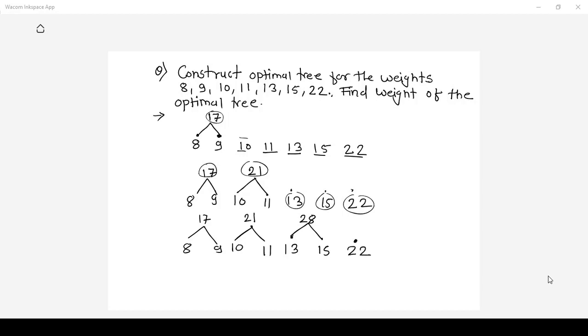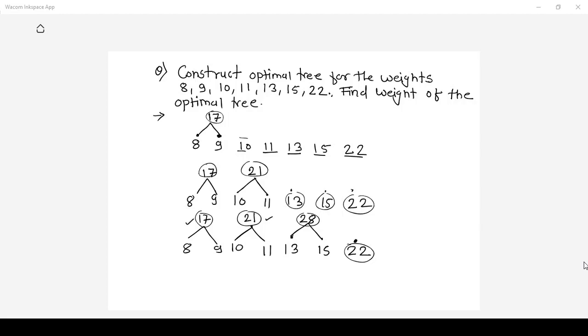So the new weights are 17, 21, 28, and 22. Among these, again we need to select the two minimum weights and add them. The two minimum weights become 17 and 21.